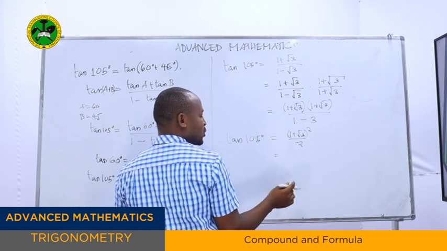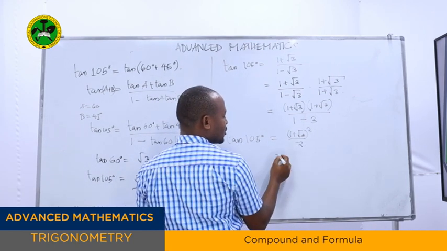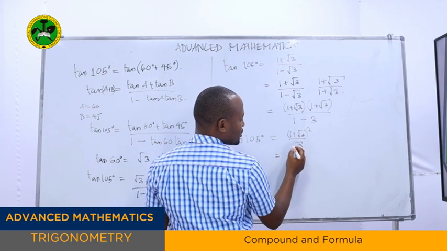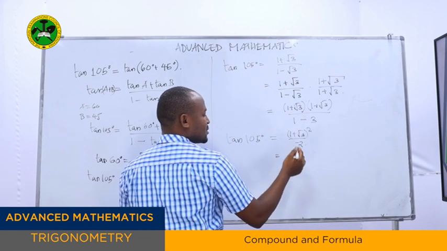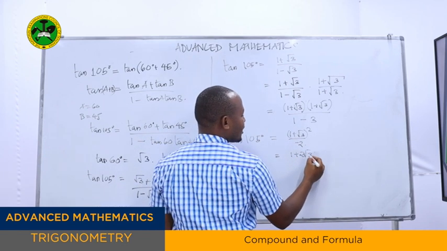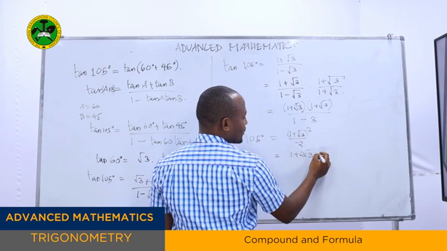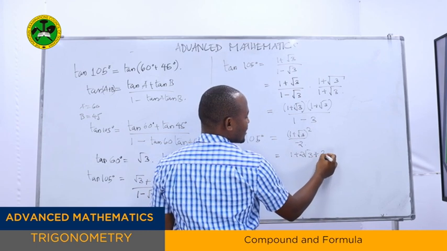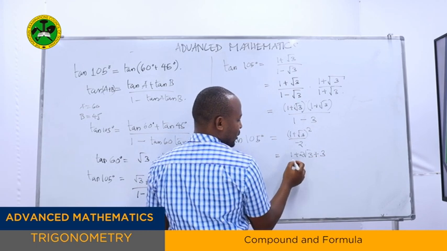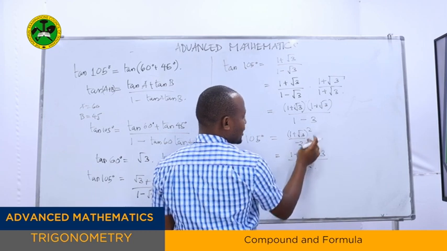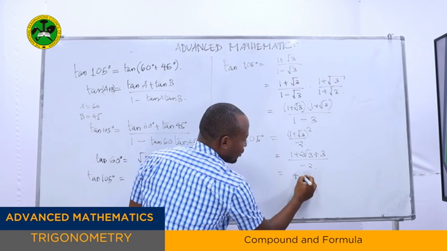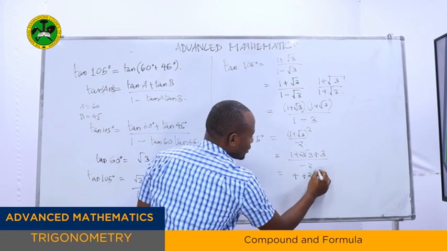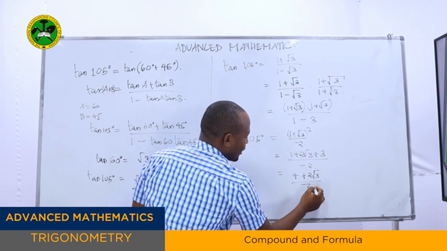You can simplify that once more. It will be equal to 1 plus 2 under root 3 plus 3, so that we can remove that square there. That is to say we have 4 plus 2 under root 3 over negative 2.